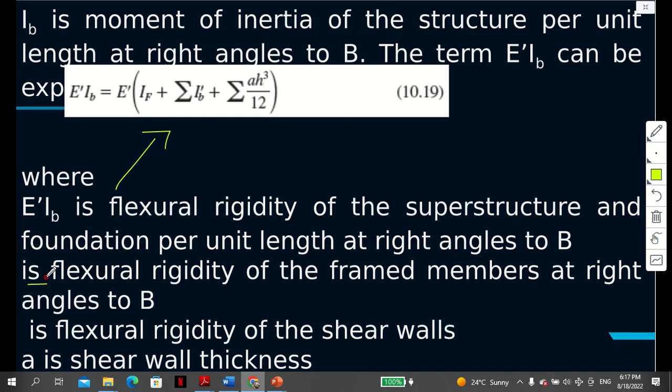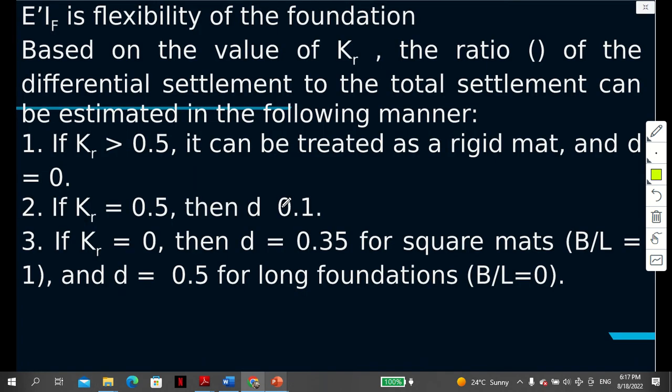This is the definition of the first one. This is that, and this is that, and A is the shear wall thickness. And then we can move on.